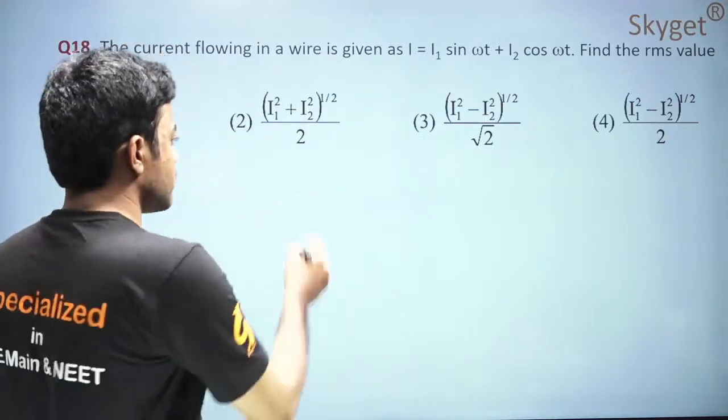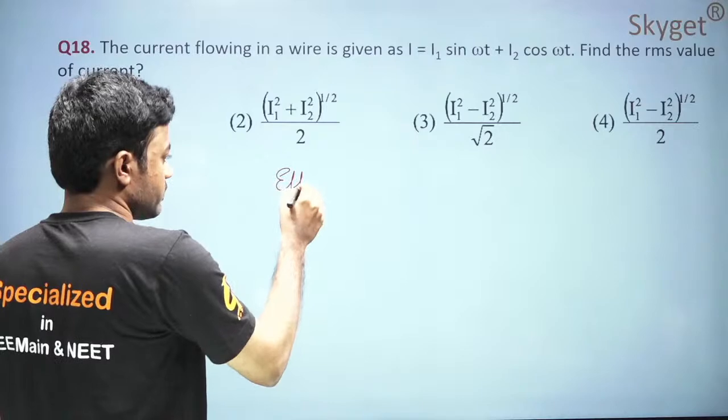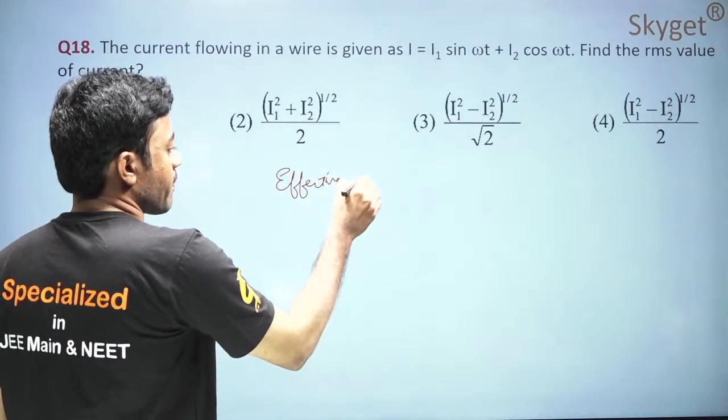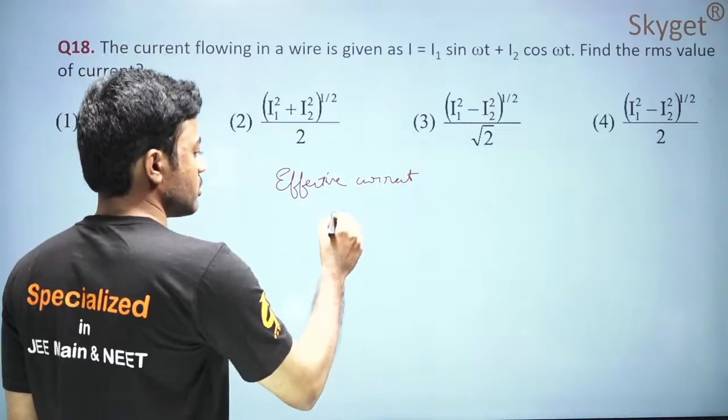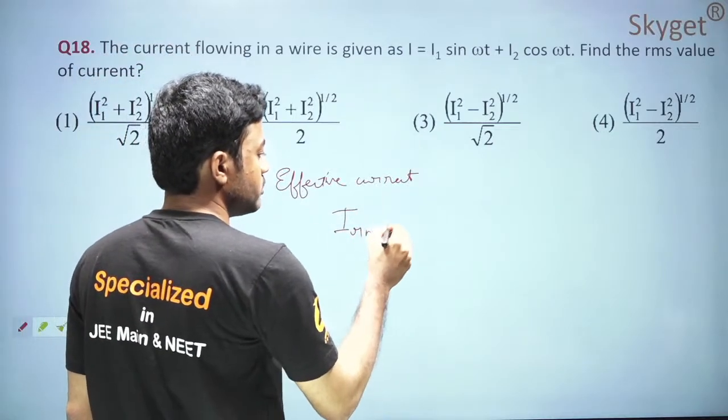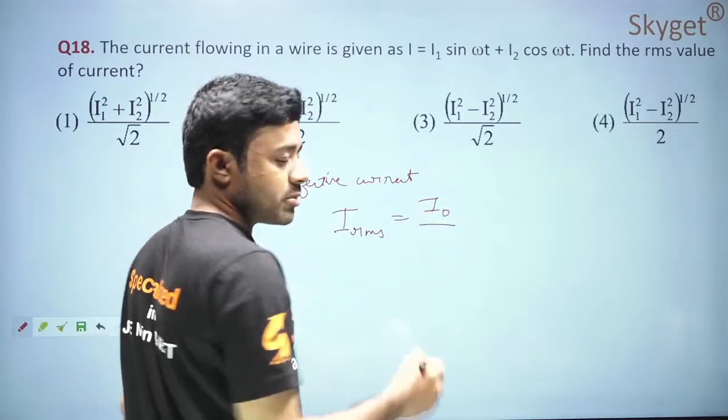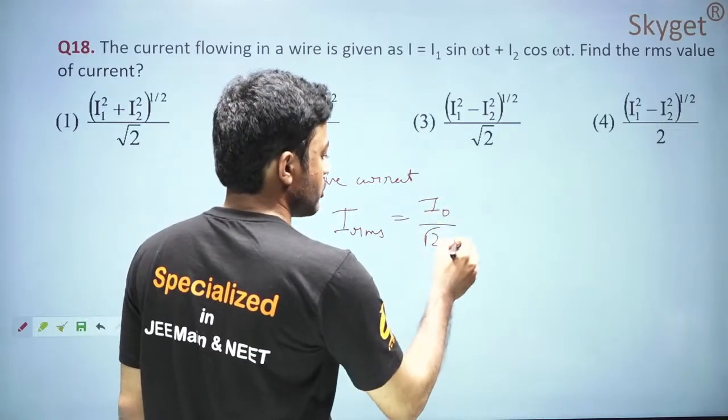RMS value of current is also called the effective current. Effective current and RMS current mean the same. So IRMS is equal to the peak value of current by root 2.